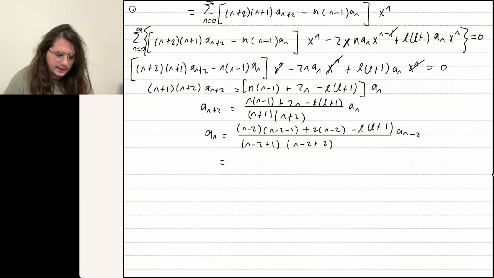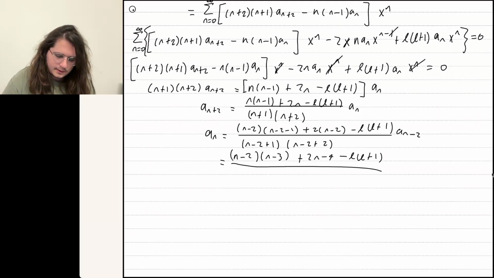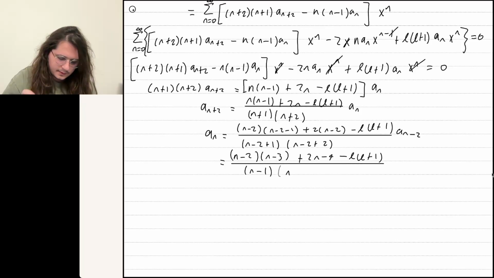Let's simplify stuff a little bit before we start expanding it. N minus 2 times n minus 3 plus 2n minus 4 minus l by l plus 1 all over n minus 1 times n, just n. Okay, and that's times a n minus 2.